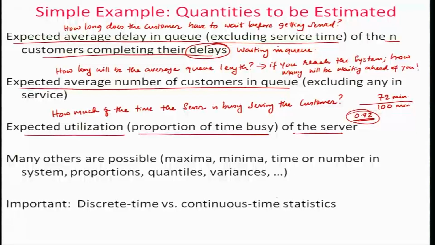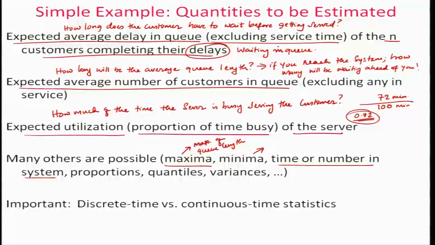Then come the other possible options. You have many other possible options. Those options include the maxima, so this is the maximum of queue length, maximum waiting time, that kind of thing. Then minimum, so how quickly. Then time or number in the system is another example.